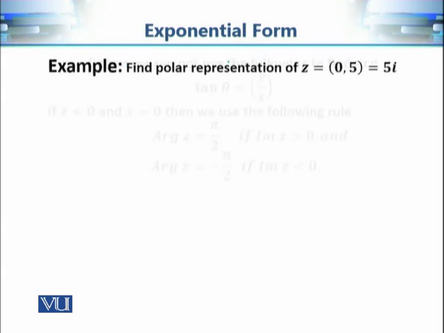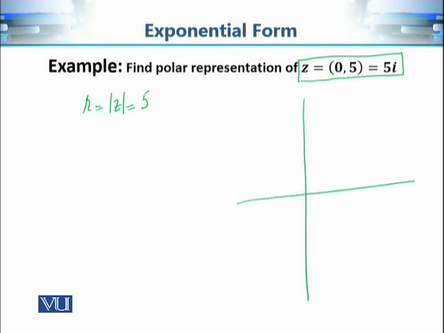As an example, consider this complex number. We can easily calculate the modulus of this complex number, which is equal to 5. Now to calculate the principal argument, we see that this is on the positive side: 1, 2, 3, 4, 5.